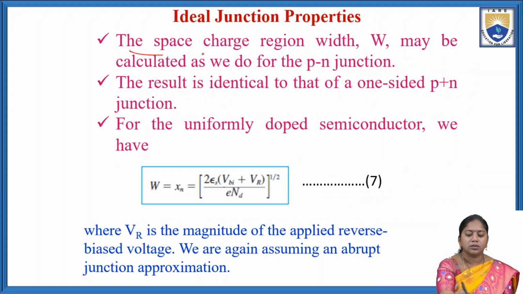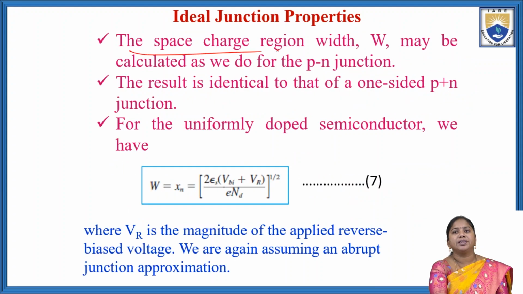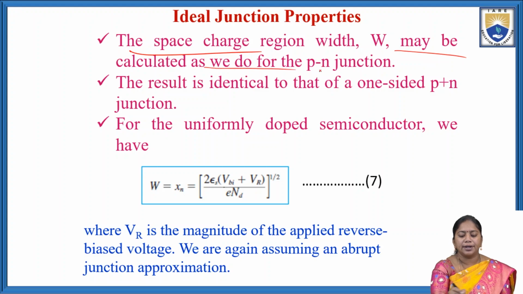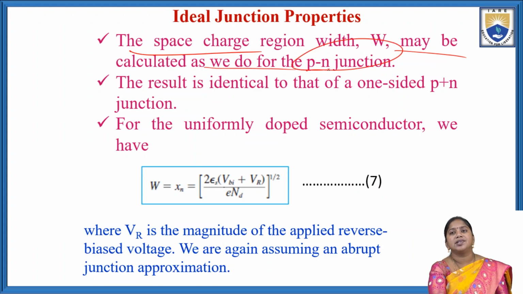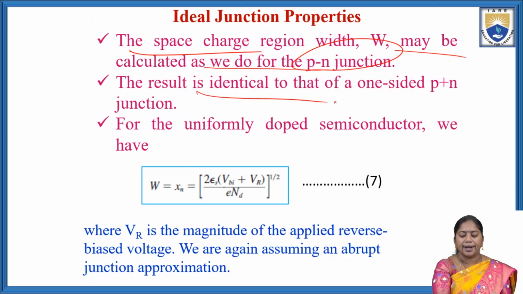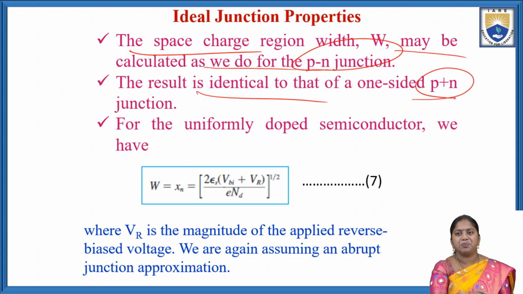The space charge region width W may be calculated as we do for the PN junction. The result is identical to that of the one-sided P plus N junction.